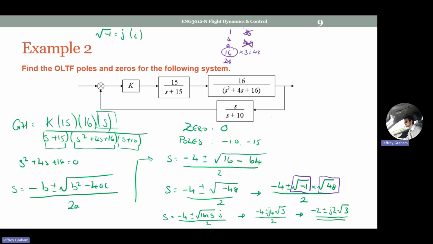Right, so there's two answers here. Got a pole at minus 10, a pole at minus 15, a pole at minus 2 plus J2 root 3, another one at minus 2 minus J2 root 3.